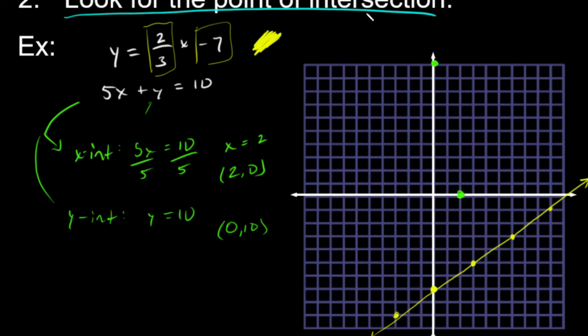So if we were to draw a line here, oh man, something like this. Maybe, man, my hand is just not wanting to do this. It might be right there.